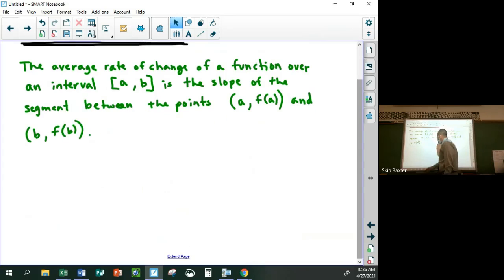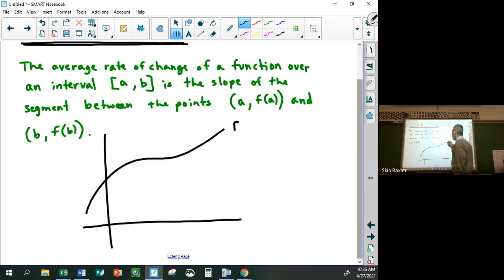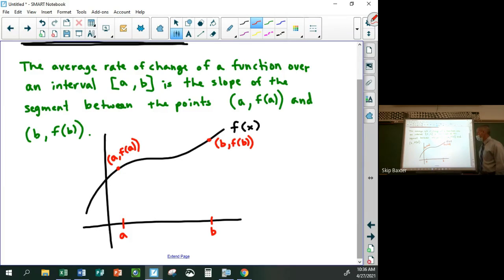So, for example, if I have a function f of x, it goes like this, and I'm trying to find the average rate of change from A to B. This point on the graph would have coordinates A, f of A, and this point would have coordinates B, f of B. So the average rate of change would just be the slope between here and there.